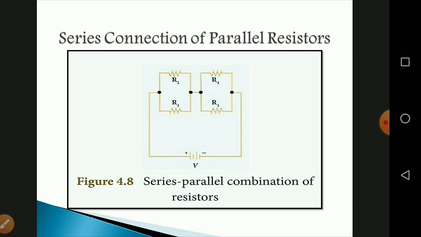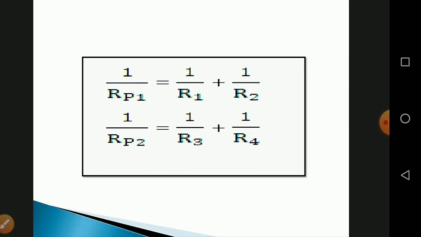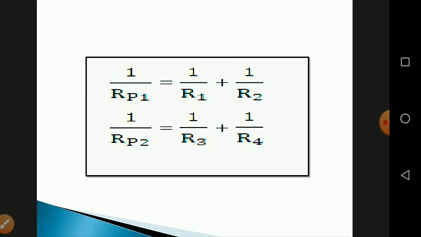Similarly, let R3 and R4 be connected in parallel to give an effective resistance of RP2. Then both of these parallel segments are connected in series. So using the equations, 1/RP1 = 1/R1 + 1/R2, and 1/RP2 = 1/R3 + 1/R4.